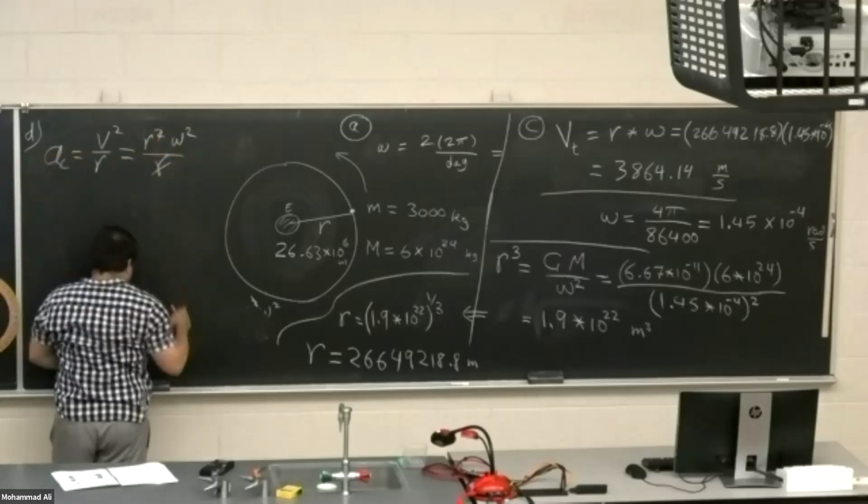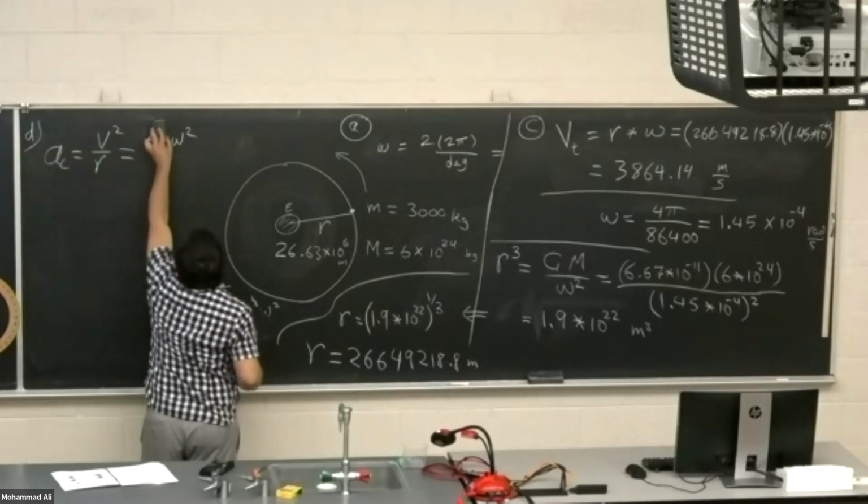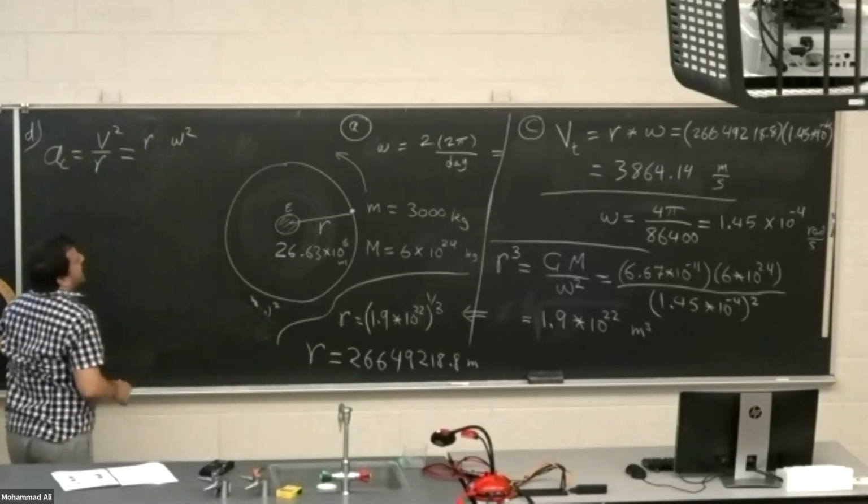R will go with R with square, so it is R omega squared. Both of them will be the same answer.